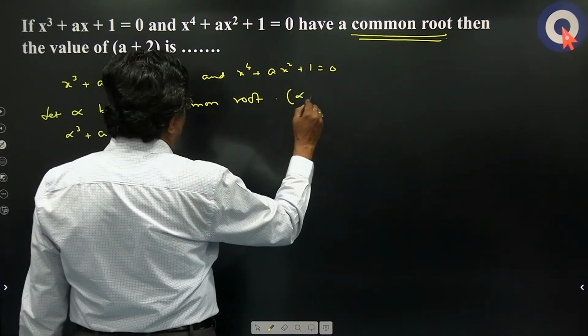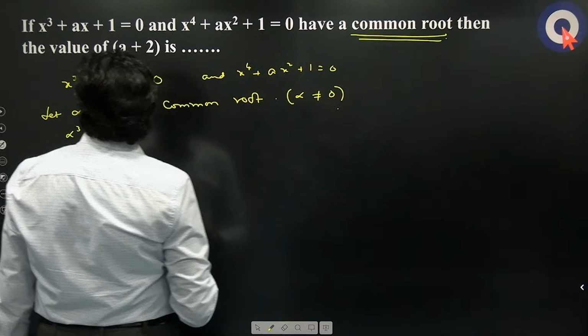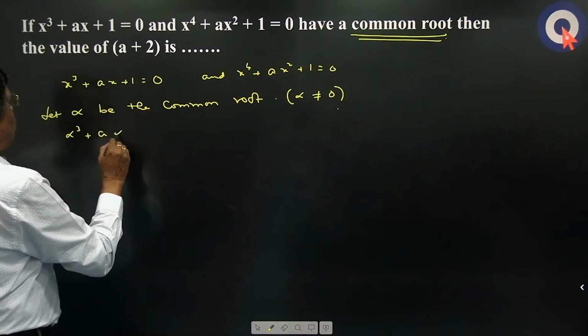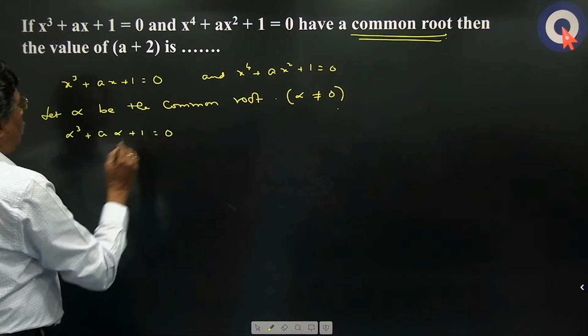We can say alpha cannot be equal to 0, because 0 cannot be a root of any of them. So alpha cube plus a alpha plus 1 is equal to 0.